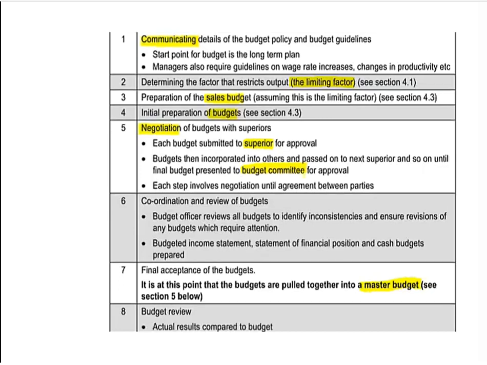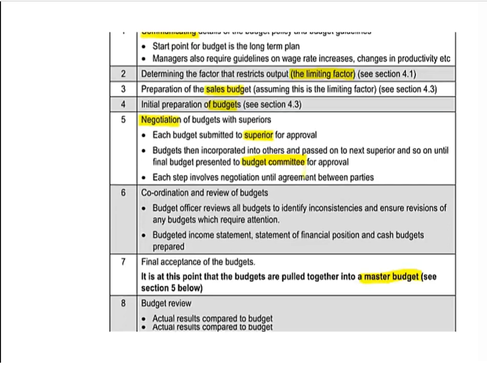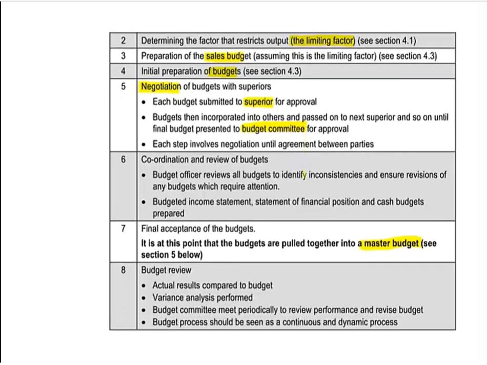And the reason we've got negotiation here is there might be a bit of toing and froing between senior management's expectations and those lower down the organisation. We also need to undertake some review of the coordination of the budgets to make sure then that the totals align with the organisation's total budgets and that there are no inconsistencies between departments.